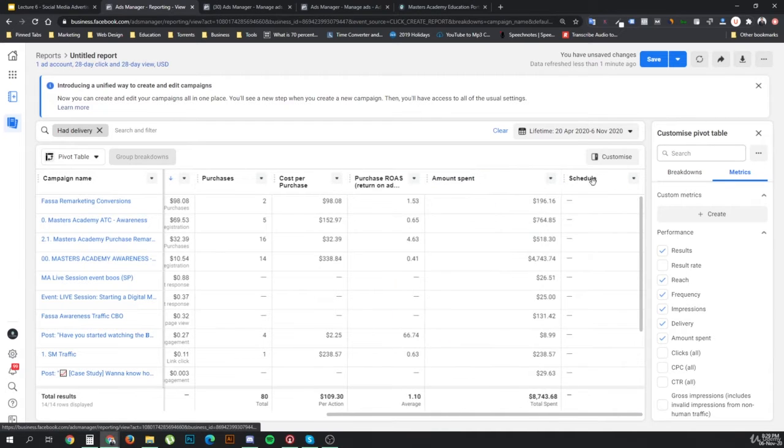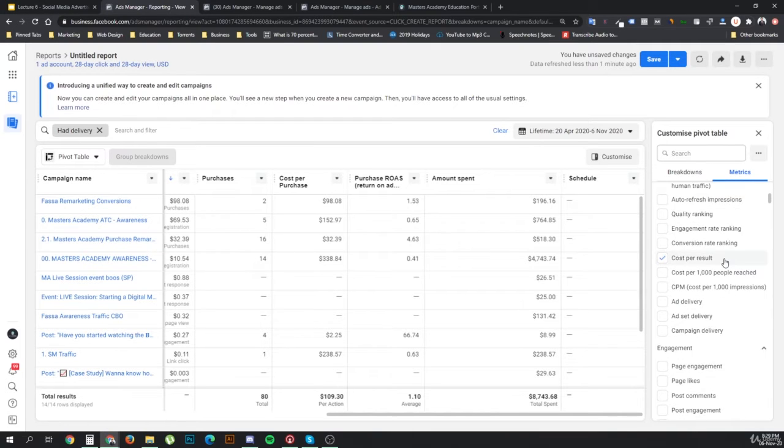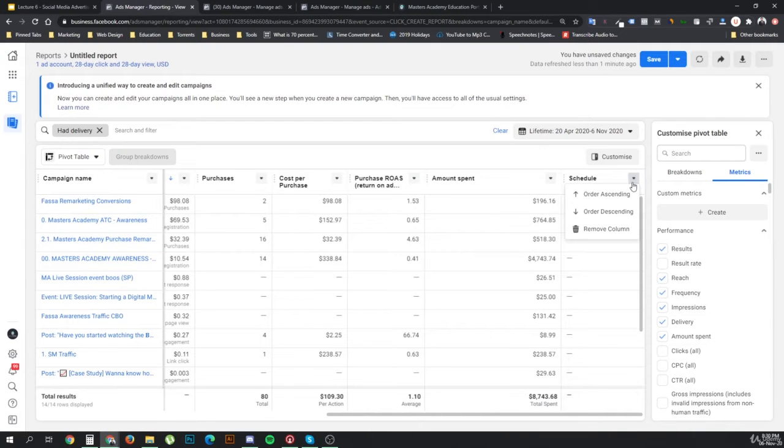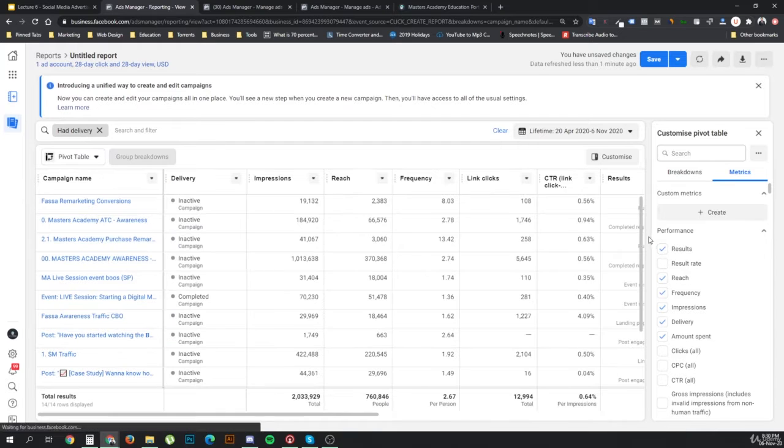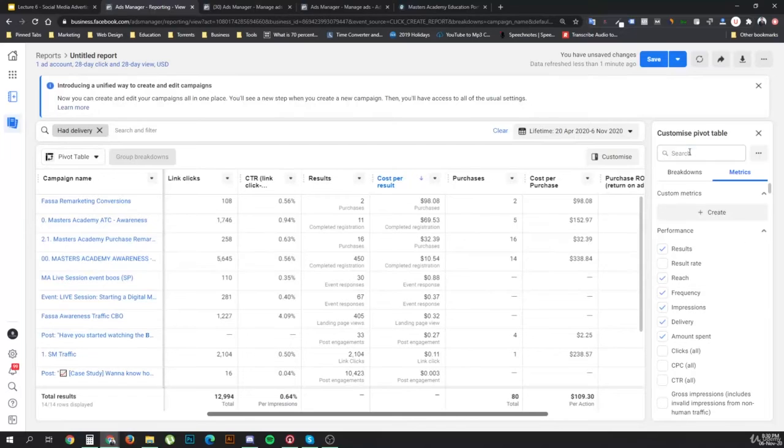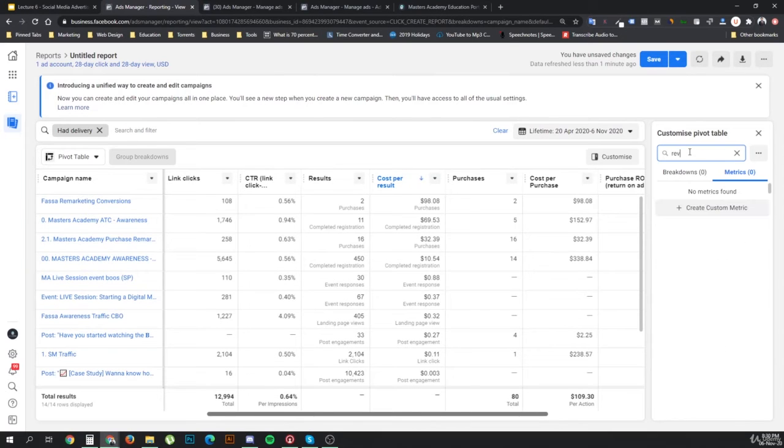ad spend, the spend, and we really don't want to see the schedule, so we can get rid of it like that. And we want to see the revenue.